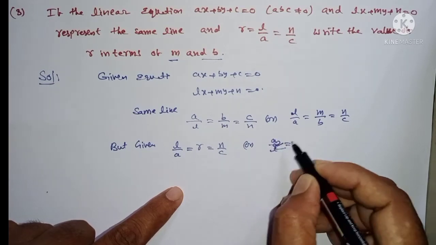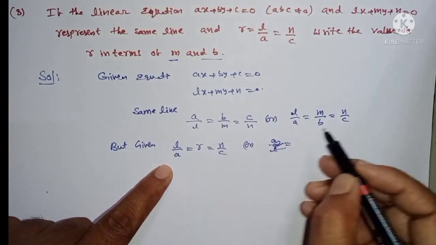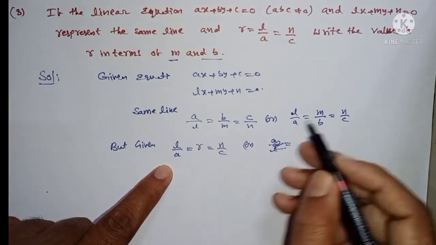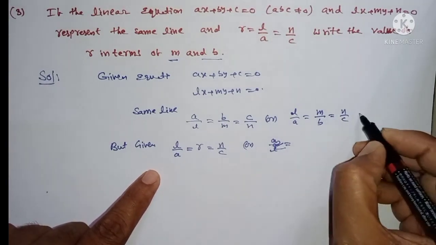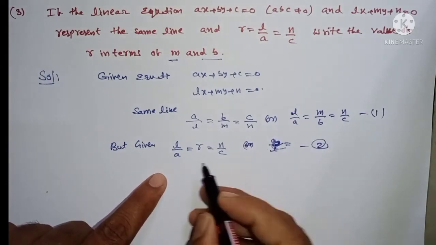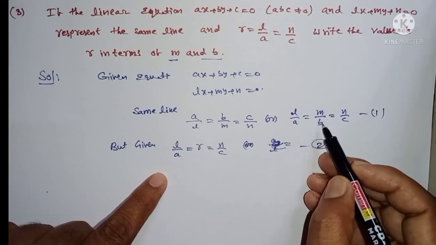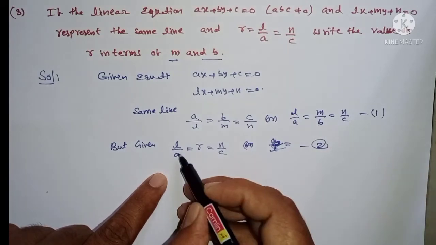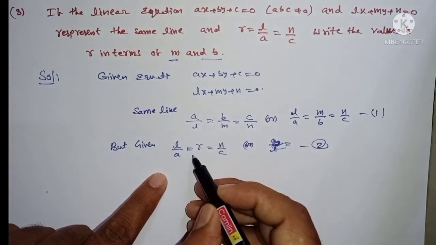L by A is nothing but R only, N by C is equal to R only. Therefore from equations 1 and 2, L by A, N by C is equal to R only.